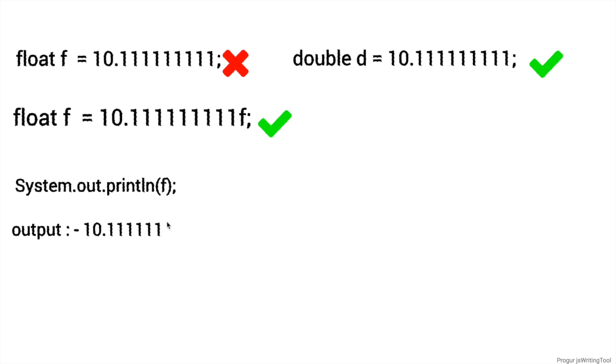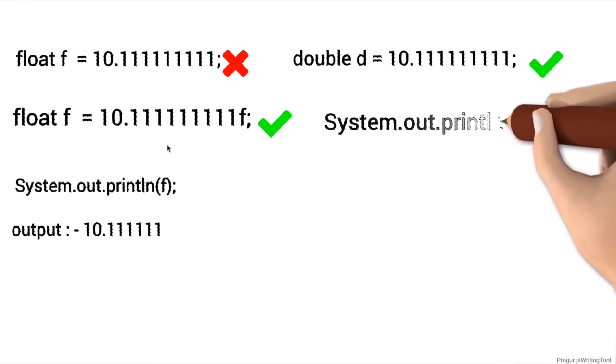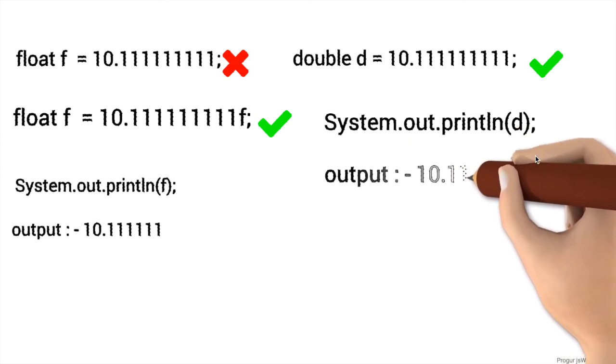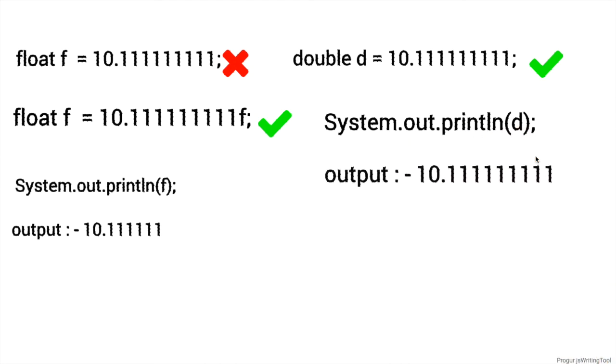This is actually 6 ones, but here we are putting 9 ones after the decimal point, isn't it? Interesting, right? How about this? If you want to print the double value, system.out.println, and you print this t, what is going to happen? As the output, you are going to find this value, 10 point and 9 ones.